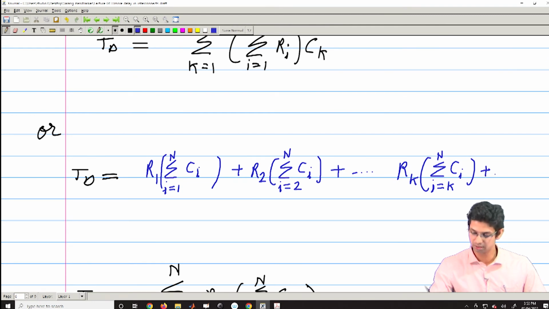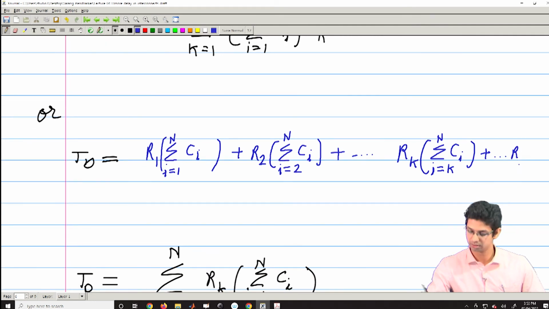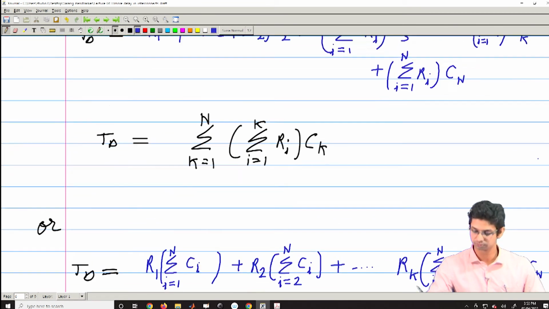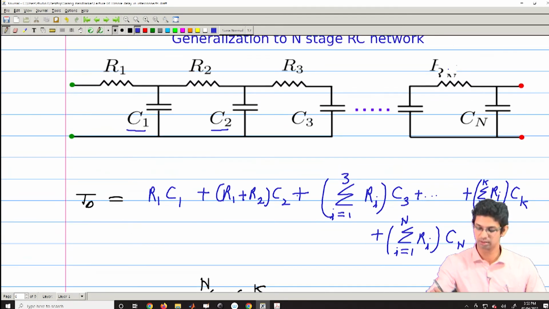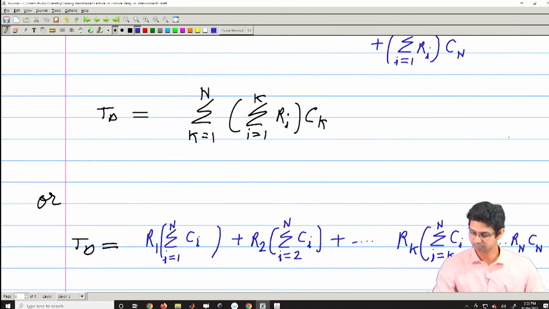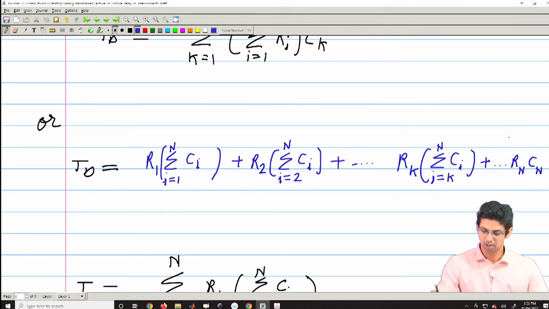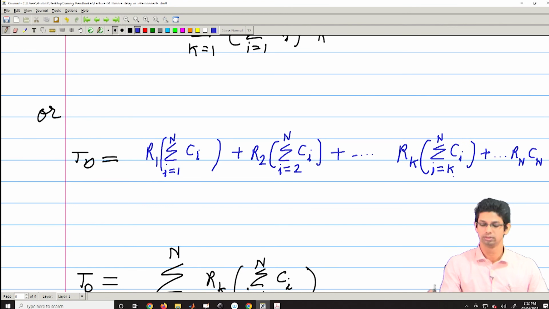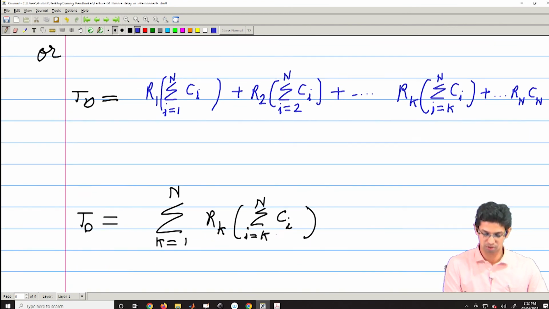So, my final term would be R_N into C_N. My final resistor will be charging only this capacitor C_N. So, I can write this long expression as a summation over summation.